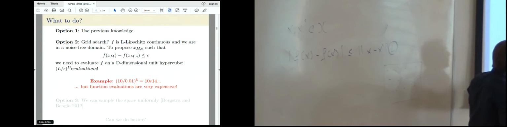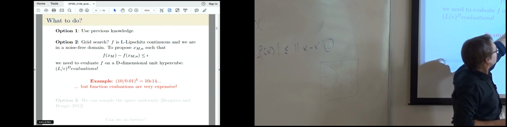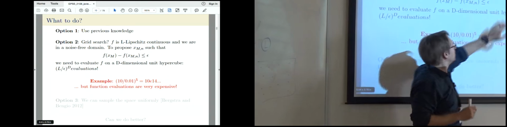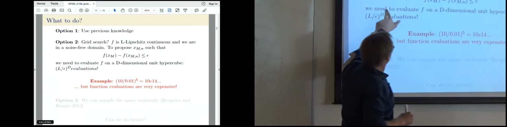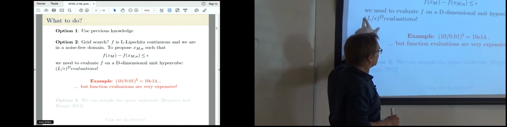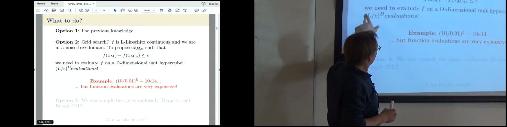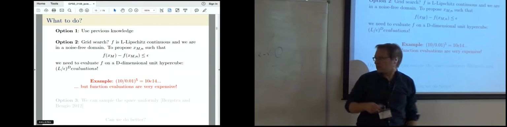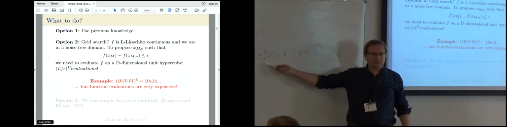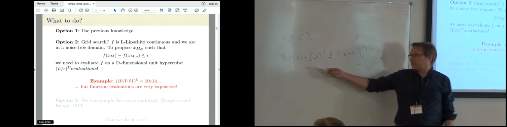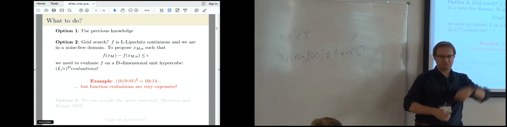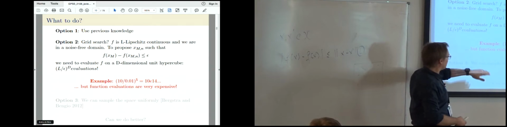Then if you want to bound the optimum of the function by some small value epsilon, this is the number of evaluations that you need, right? So to give you an example, if you have a function that you want to optimize in which you can bound the distance between the outputs by the distance between the inputs times 10, which is not such a big change, right, in many cases.